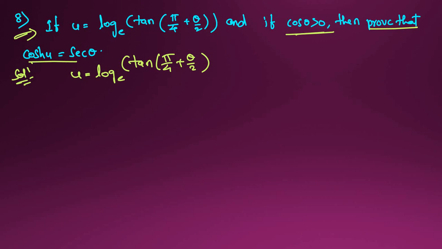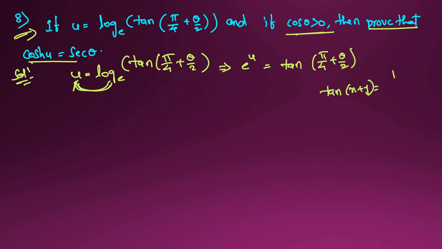Now here is the solution. I will take the log to the e power: e^u is equal to tan(π/4 + θ/2). Now tan(x + y), what is the formula? Tell me. tan x + tan y divided by 1 − tan x tan y.